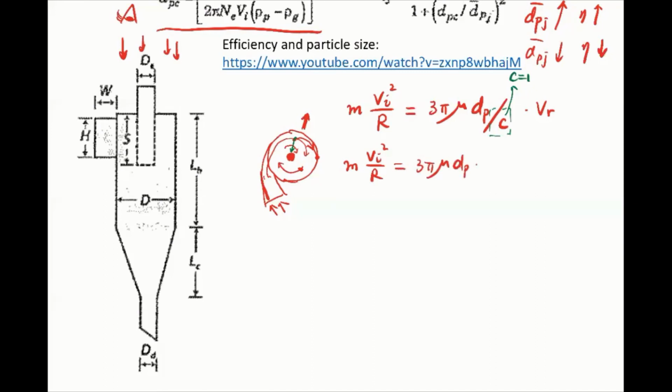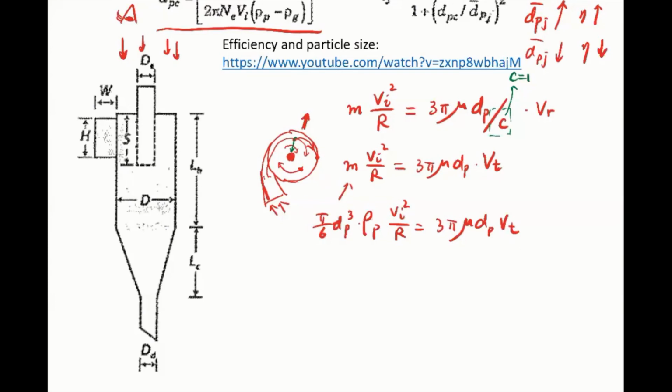Again, this vr here, the relative velocity, is just the velocity at which the particle tries to go across the flow, right? So let's set it as vt. Again, we can put in the expression for m: m is pi over 6 dp cubed multiplied by rho p. So we have m vi squared over r equal to 3 pi mu dp vt.